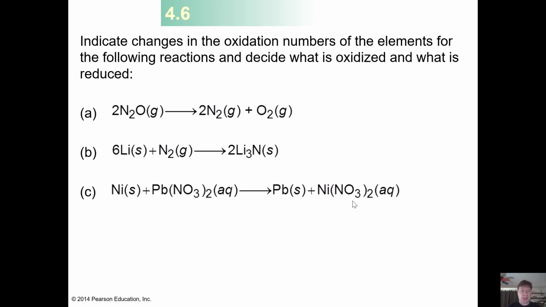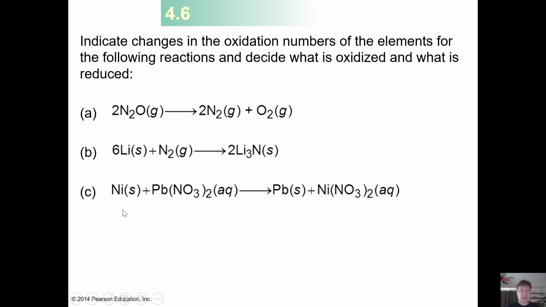They are not going to change. We don't have to worry about, okay, oxygen is a -2, nitrogen is a +5. We've already figured that out in a previous example, but we don't have to worry about that here because it doesn't change. If we saw nitrogen somewhere else or oxygen somewhere else, then that would be very important to do. If the polyatomic ion is not changing, then we don't have to assign it.